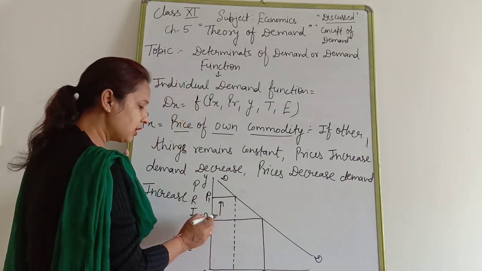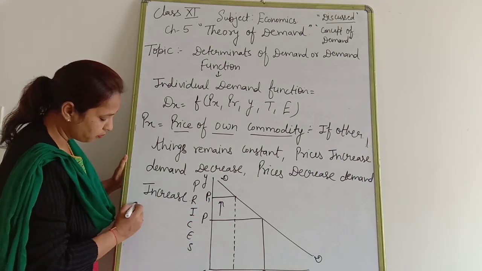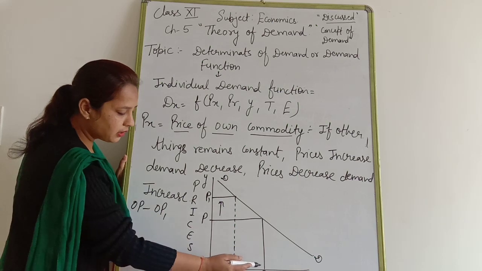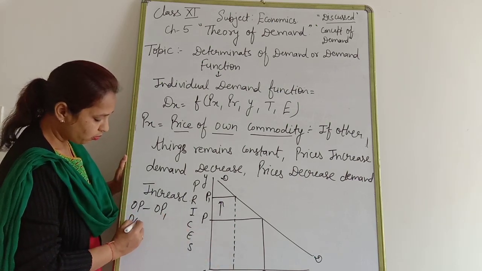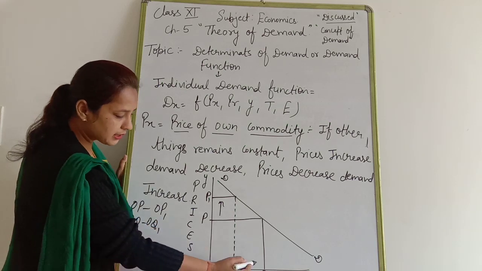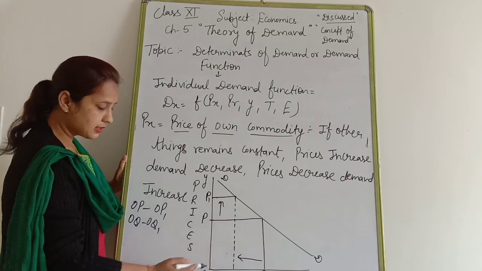So you can see very easily, when price increases from OP to OP1, quantity decreases from OQ to OQ1.